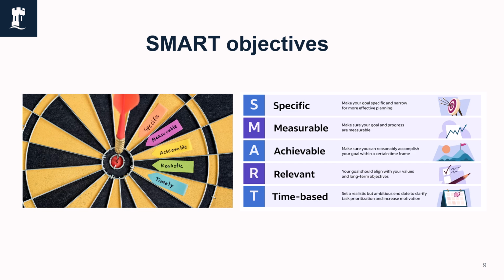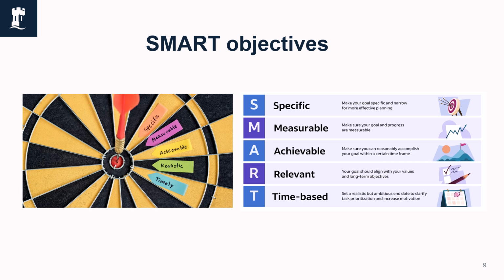However, there's a little bit of confusion or ambiguity about what exactly SMART objectives are, or more particularly what each of the letters in this acronym actually stand for. So just to illustrate that ambiguity, I've pulled out a couple of examples of how the notion of SMART objectives is articulated on different websites.